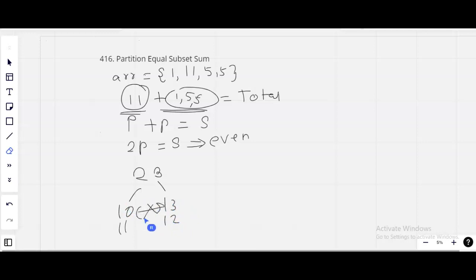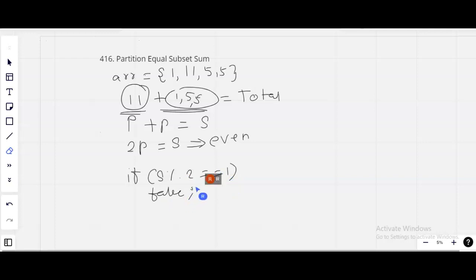So we have first found that if sum modulo 2 equals 1, then false. That is it.